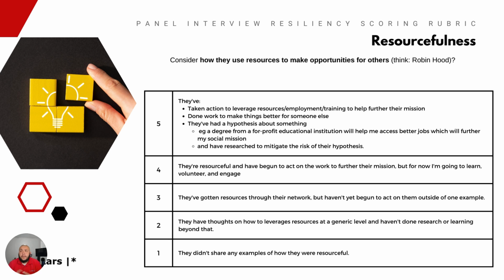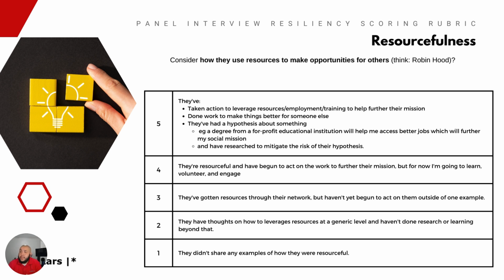Look into how being resourceful and the resources that they've been able to acquire line up with their mission, their one word. It tells you a lot about the candidate. They've had a hypothesis. Example: a degree from a for-profit educational institution will help me access better jobs, which will further my social mission.